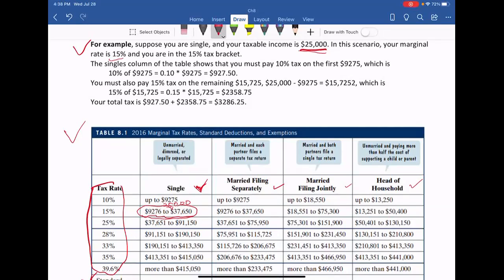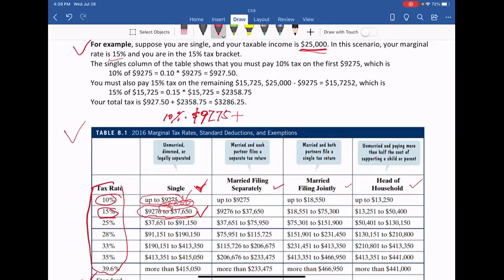Then you must pay 10% tax on the first 9,275. So that means 10% times this amount of money, which is 9275, plus 15% of the money between this one.